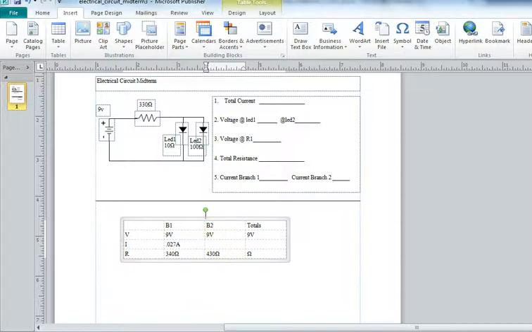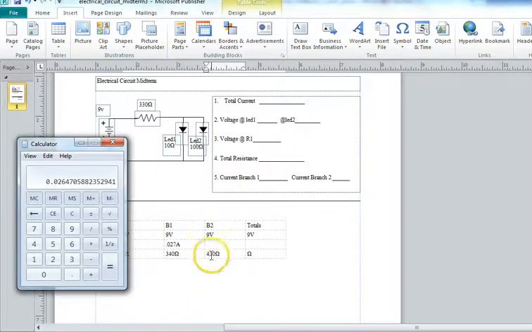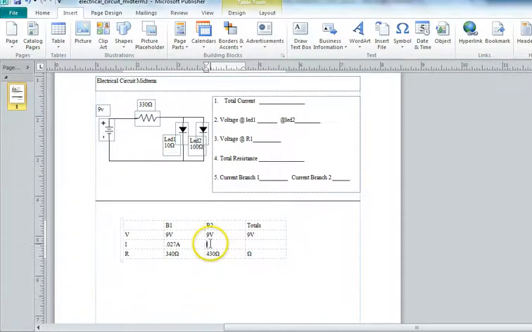Do the same thing for this one. We're going to say 9 volts divided by 430. That's 0.0209, which is 0.021 amps. Okay, so now we know that the total amperage is the addition of this plus that.